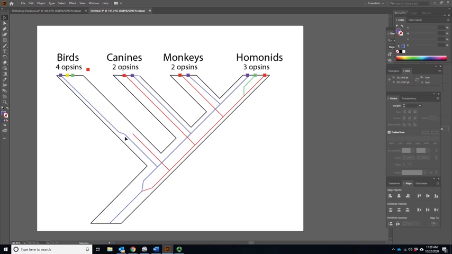And then this other one, and we'll make this one yellow just so we can keep up with all of the things. This is a little bit complex, I know, but it's a fairly good example of what's going on. So we have a gene duplication event there. And then finally, the last one, a gene duplication event here that leads to our red copy. And then another one that leads to our green copy here.